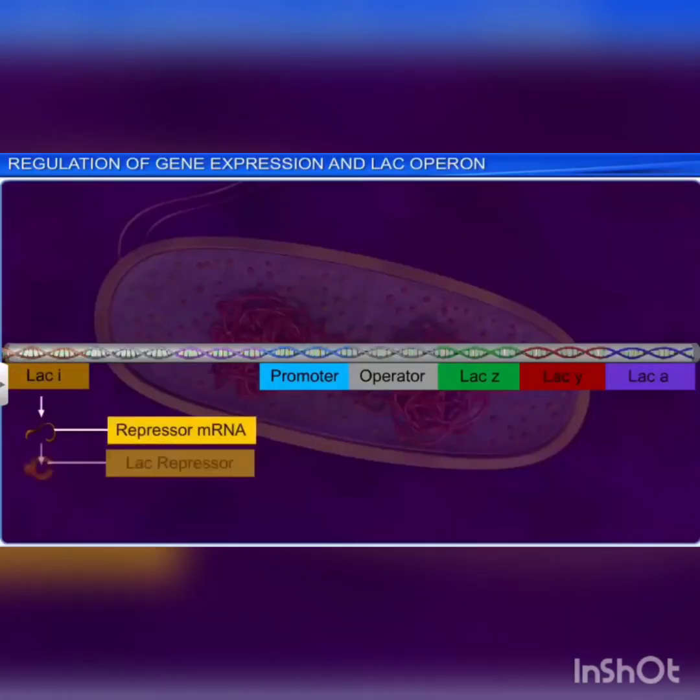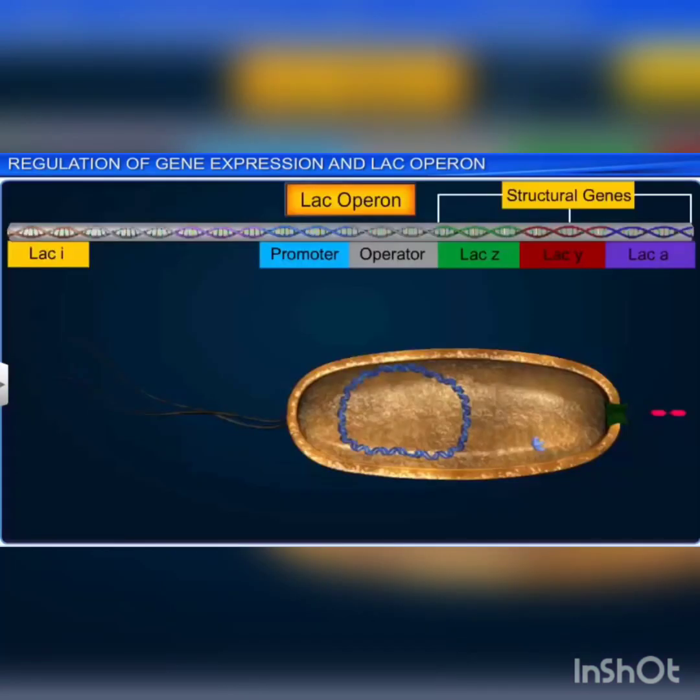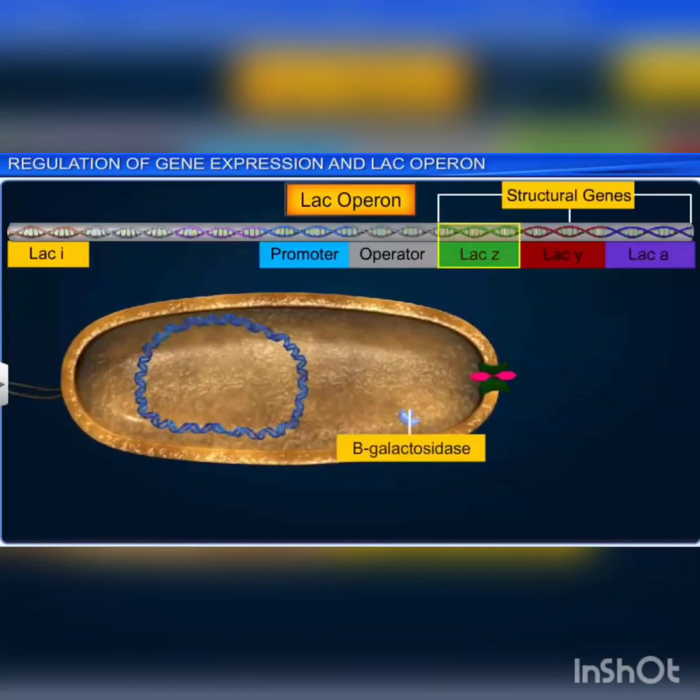The I gene codes for the repressor. The structural genes code for enzymes required for the metabolism of lactose. The lac-Z gene codes for beta-galactosidase, which hydrolyzes lactose into galactose and glucose.